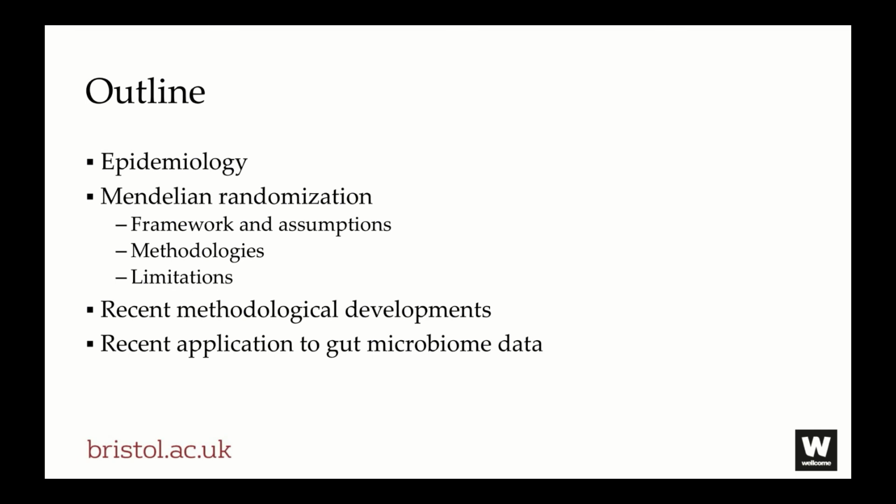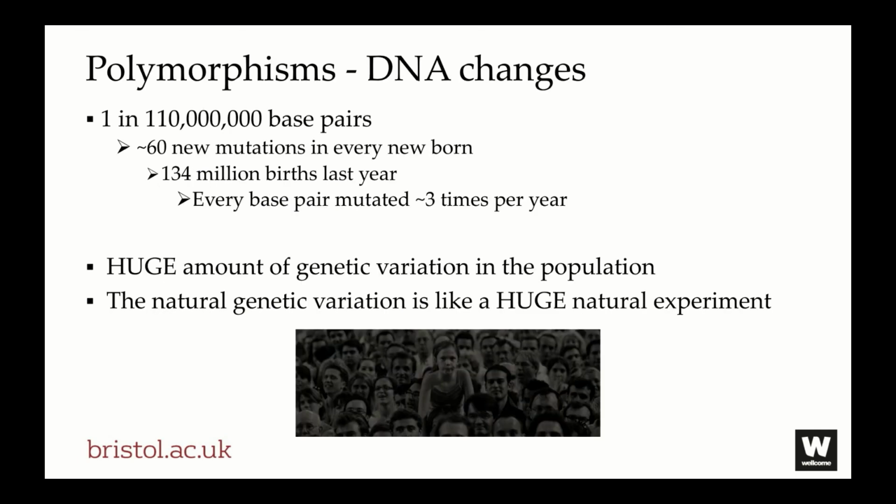So I'm going to talk about what MR is and describe it in a couple of different ways, in the hope that one of them may stick. If we think about genetic variation, Mendelian randomization is inherently using genetic variation. This is just a couple of statistics from a couple of years back, trying to emphasize the fact that there is a huge amount of genetic variation in the population at any one time.